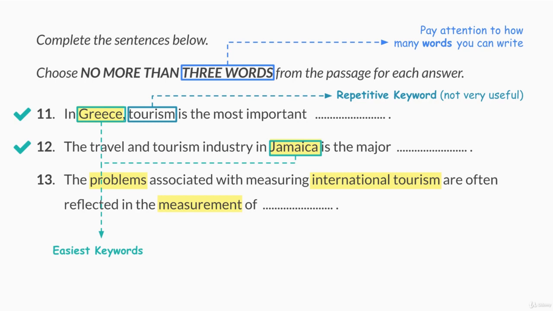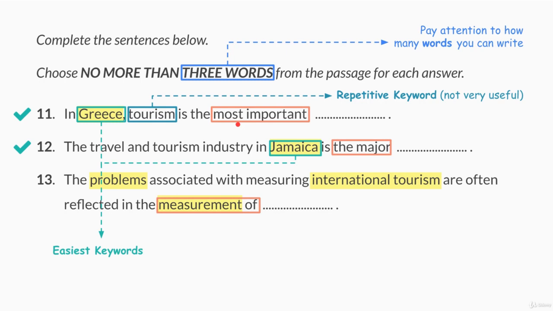So I'm not going to be looking for that keyword. I want to look for keywords that are rare, that are not very common, that are going to be easy to locate. Words like Greece, Jamaica, international tourism, measurement, problems. These are keywords that are much easier to locate in comparison to a repetitive keyword like tourism.